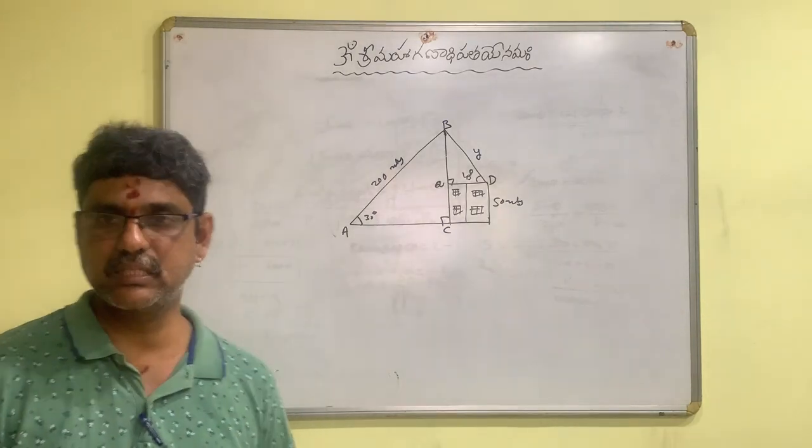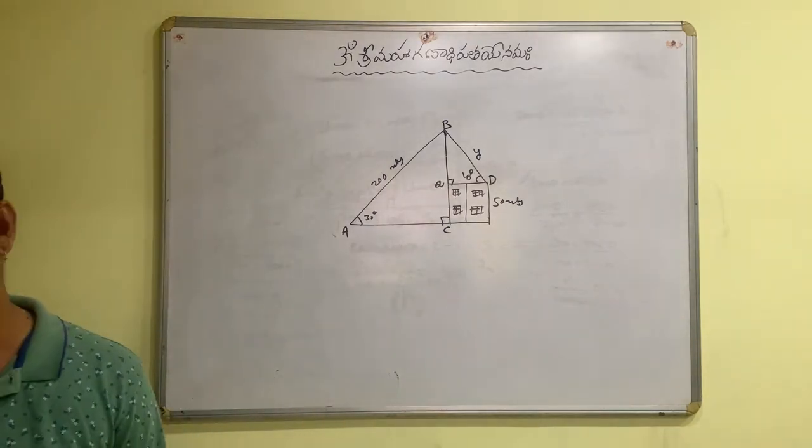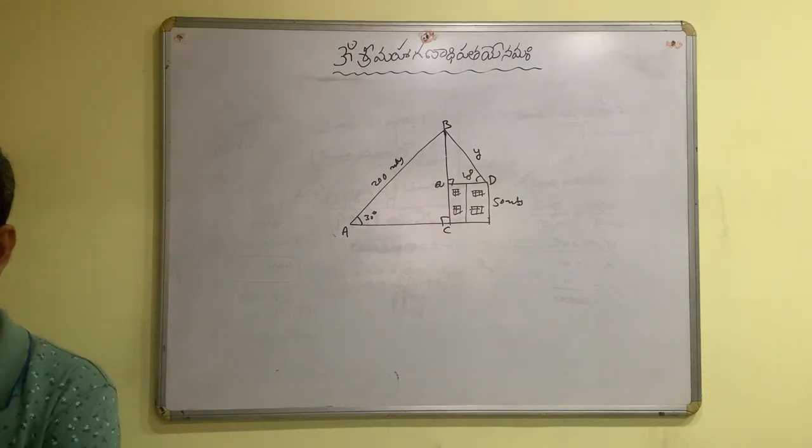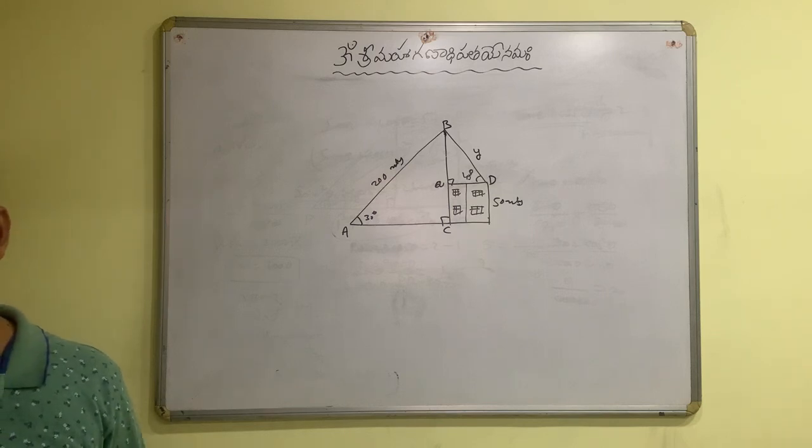So how to do this? Any idea, children? How to calculate BD? First, what we have to do?